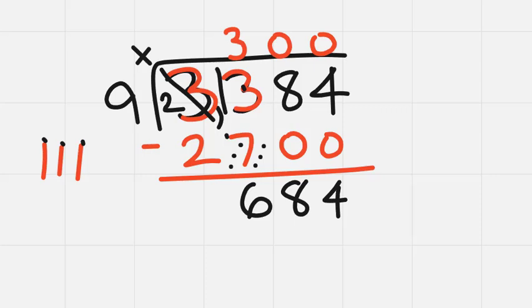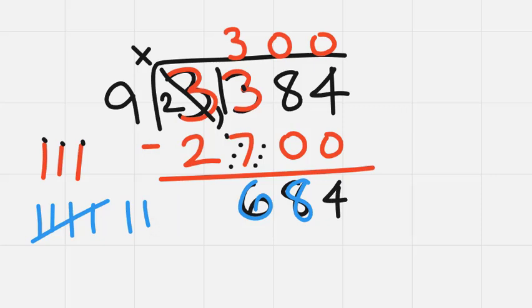Now we'll divide again. We'll look at the 6, which is less than 9, so we can't divide it. We need to look at the number next to it, which is 8. That means we're going to count by 9 to get as close as we can to 68 without going over. Let's count. 9, 18, 27, 36, 45, 54, 63, 72.